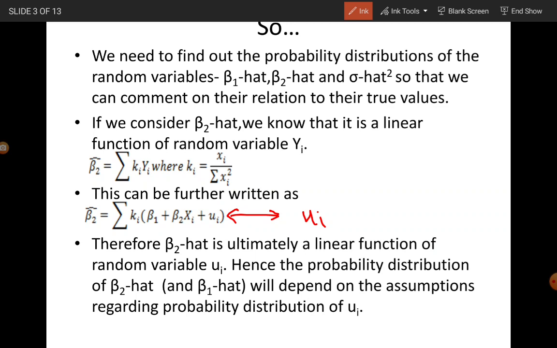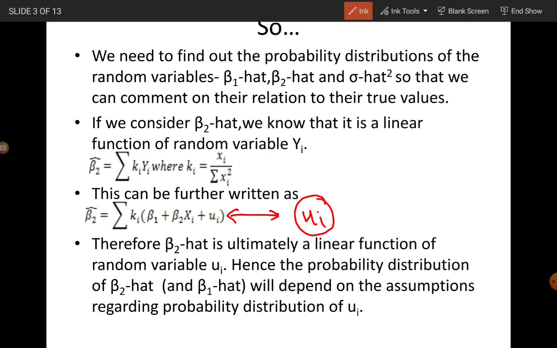So since beta 2 hat is ultimately a linear function of random variable ui, the probability distribution that beta 2 hat follows will depend on the probability distribution of the error term ui.